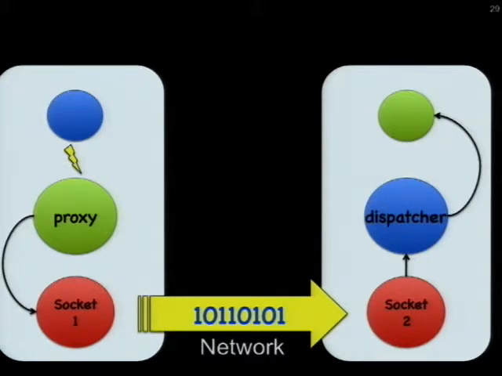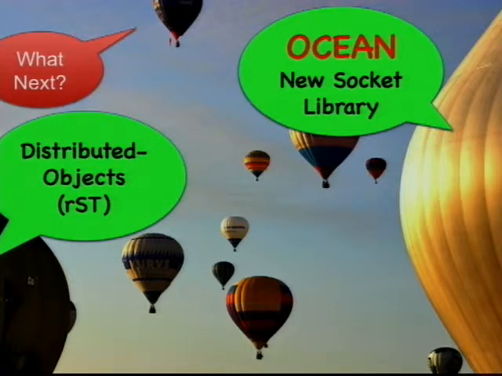So, as a final part of the presentation, what next? What next beyond this sockets library existing in Pharo? Actually, there are two directions. It's an ongoing work, which is the Ocean project I already mentioned, which is rebuilding the socket library to have a clean one.